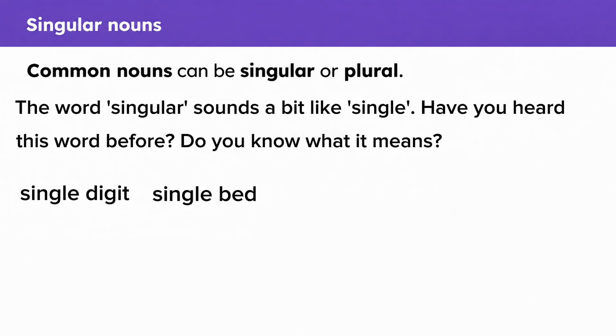A single bed, which is a bed where there is only really room for one person to sleep in. A single parent, which means one parent. And single file. When we line up in single file, we line up one behind the other.